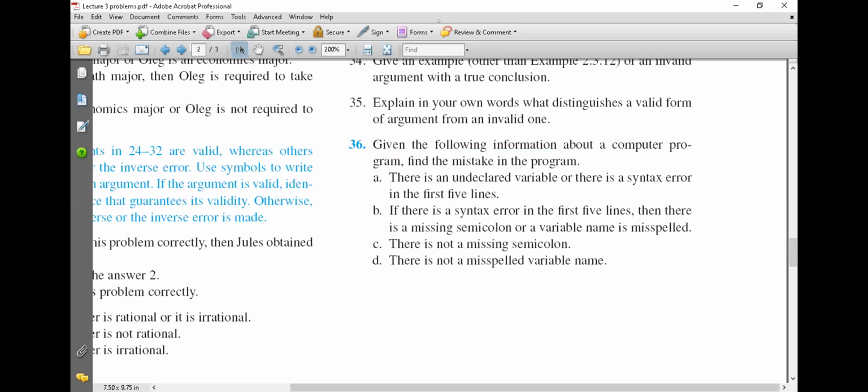So the first statement form is U or S. Second, S implies, in parentheses, M or V. Third, not V. And fourth, not M. Write it down, please.